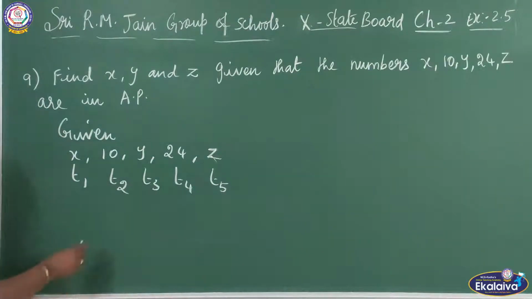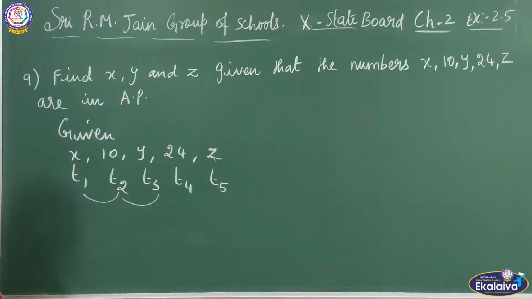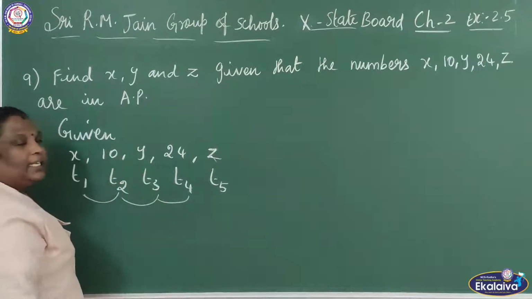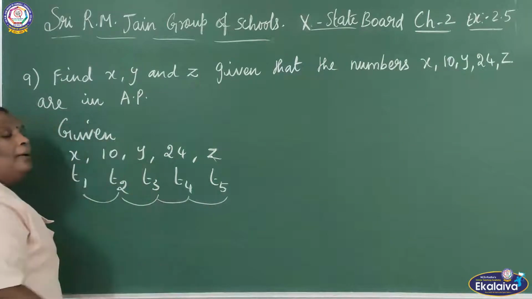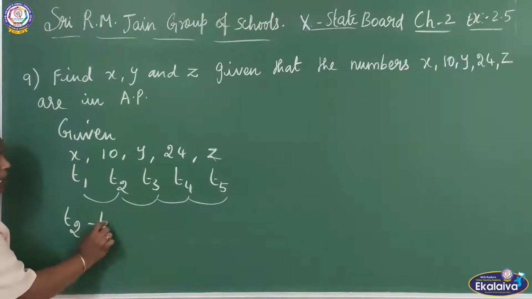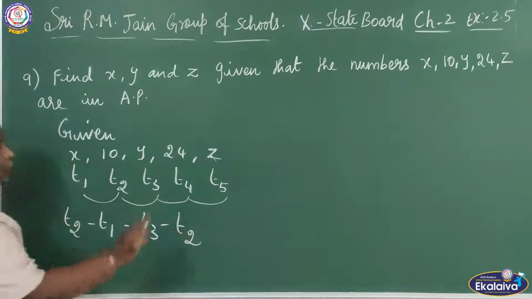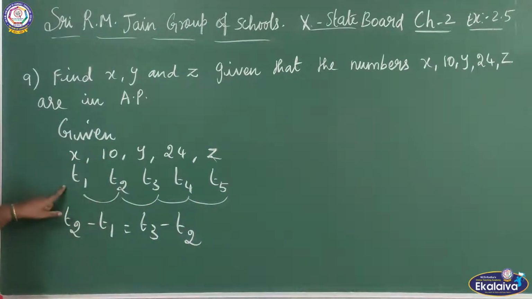That is T2 minus T1 equal to T3 minus T2 equal to T4 minus T3 equal to T5 minus T4. The values are equal. So I will take it as T2 minus T1 equal to T3 minus T2.